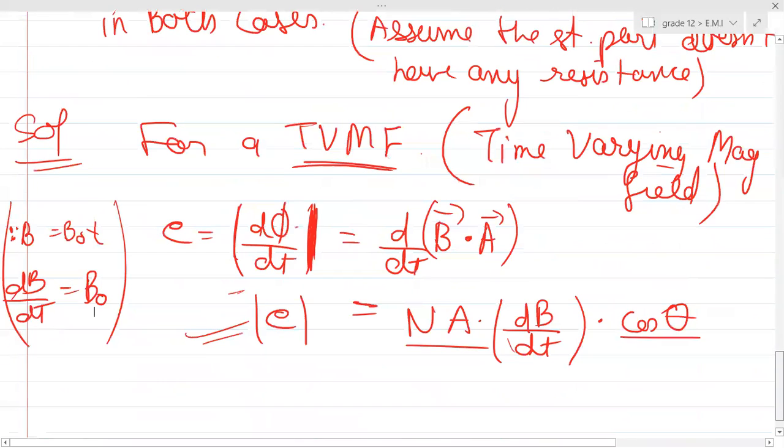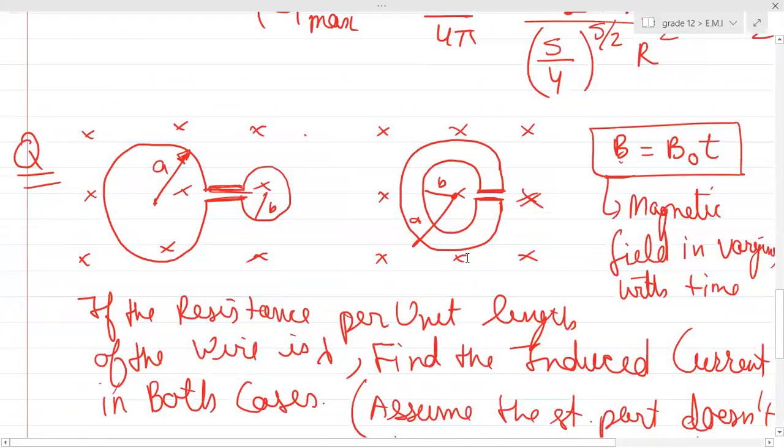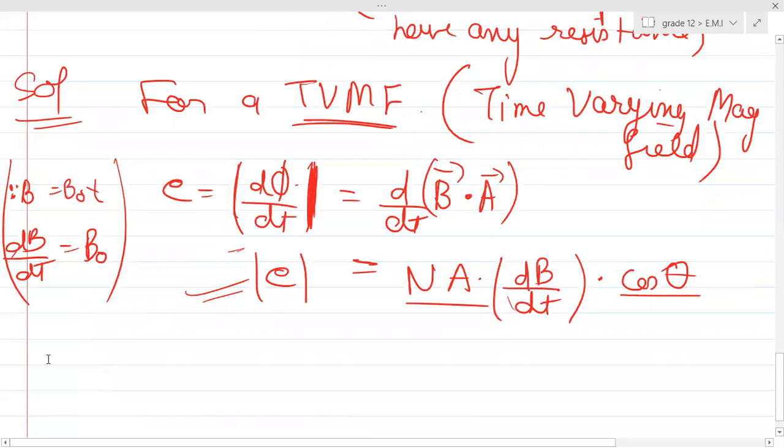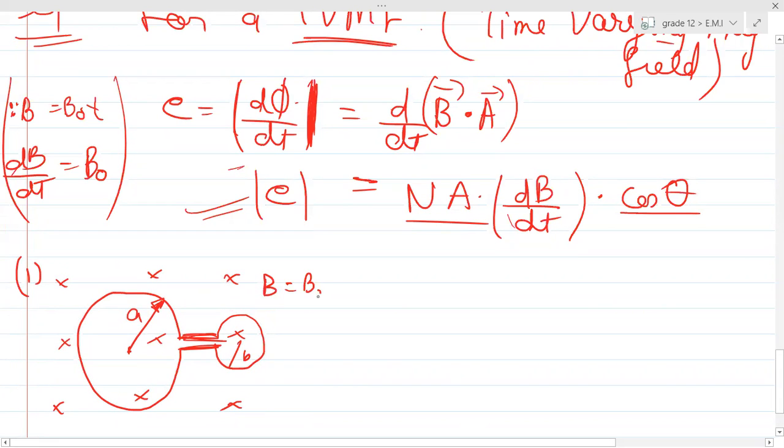Guys, shall I do it? First case, guys, magnetic field is acting inside and magnetic field is given as B naught into T.